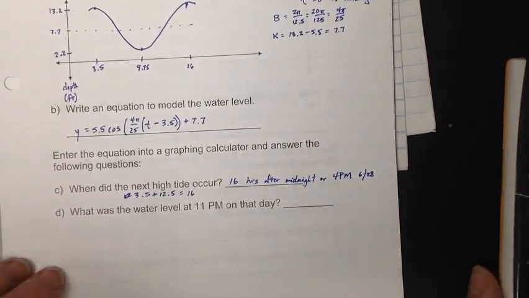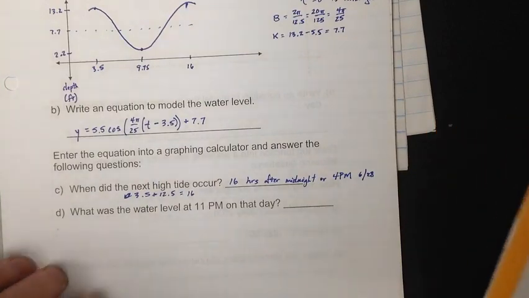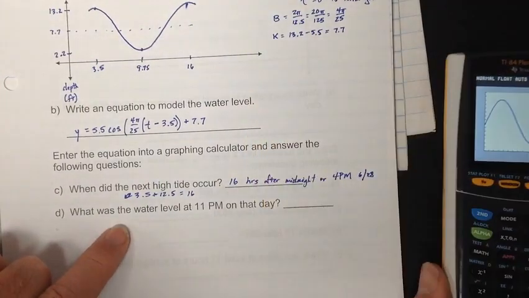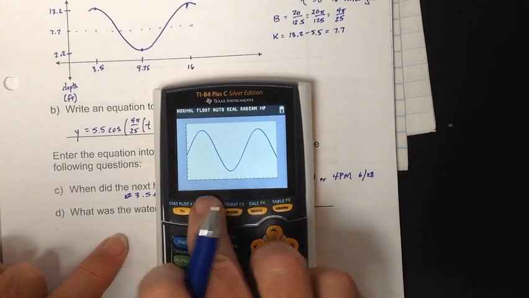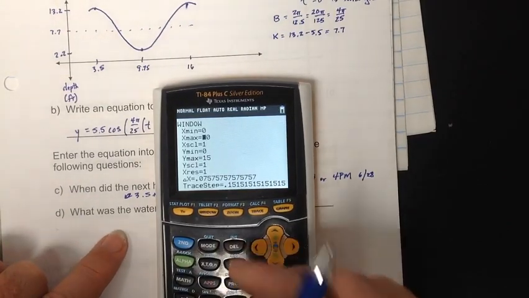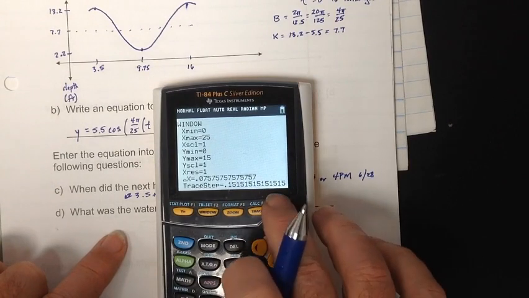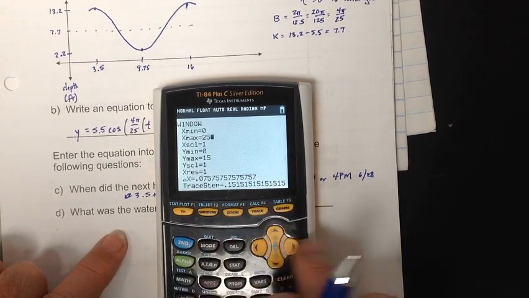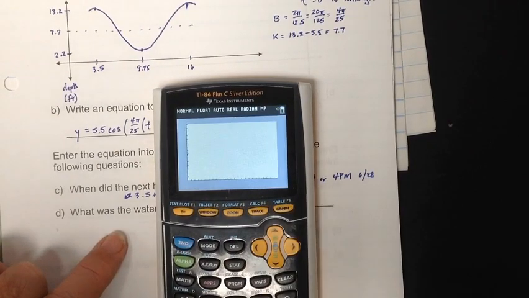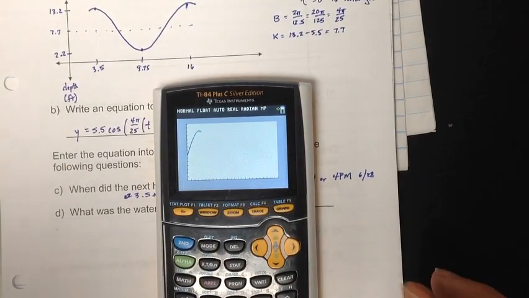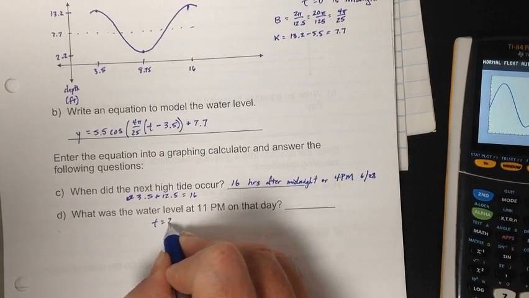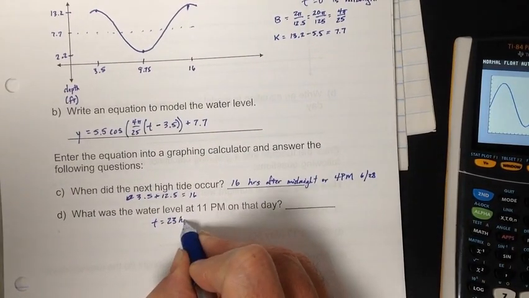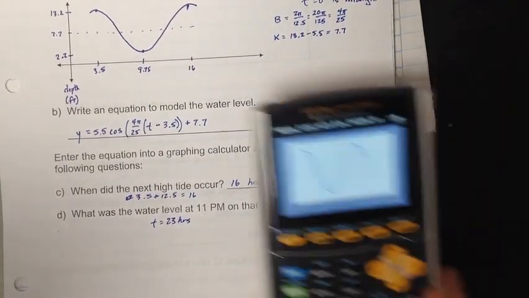What was the water level at 11 p.m. on that day? So that would have been 23 hours later, and so that's not even in my window here. So let's expand a little bit. Let's make this 25, and let's graph that. So what I want is for t equals 23 hours here.